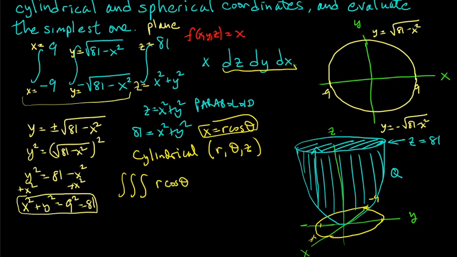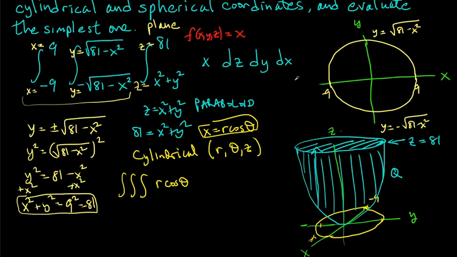And then dz dy dx, the Jacobian for that in cylindrical coordinates is r dz dr d theta. So you need an extra r just as you would in two-dimensional polar coordinates.